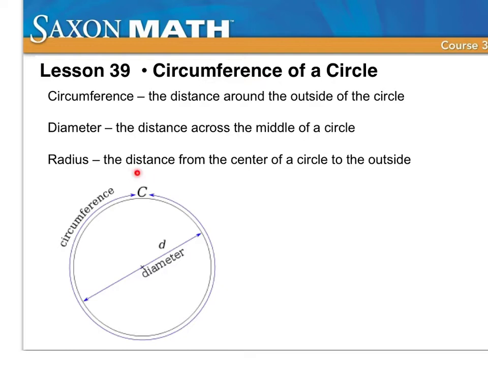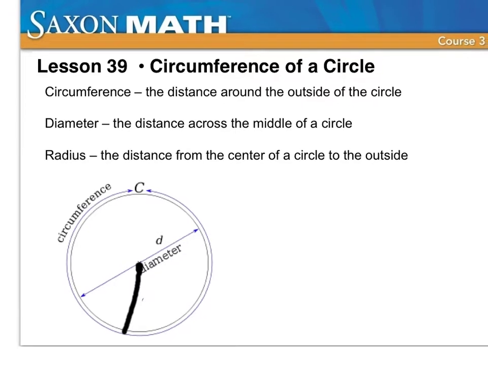And the radius is the distance from the center of the circle to the outside. Okay? So, if I start in the middle here, and I go out here, that is called a radius. Okay? And I'm going to rewrite that for you because I know a lot of you don't like my handwriting so much.